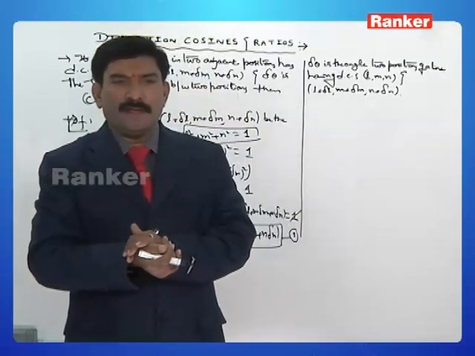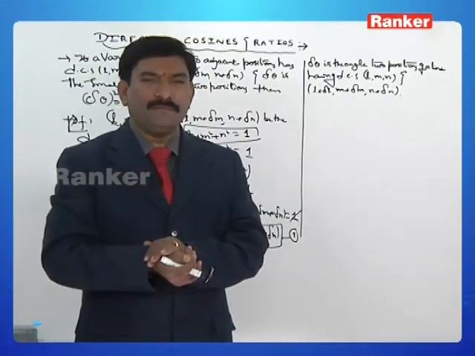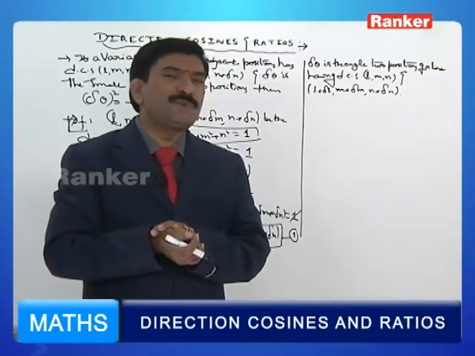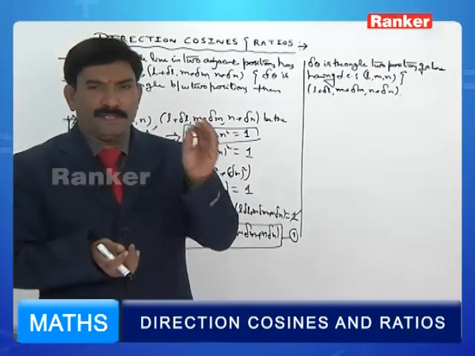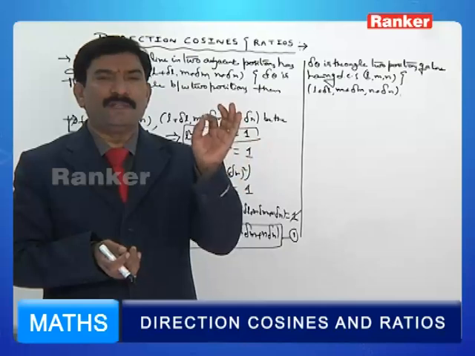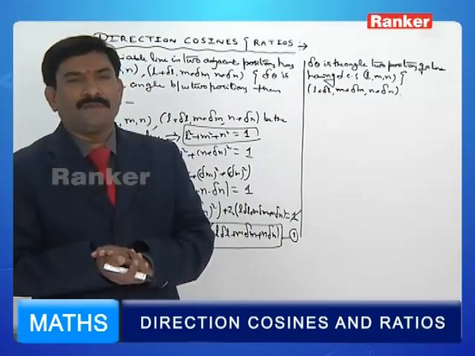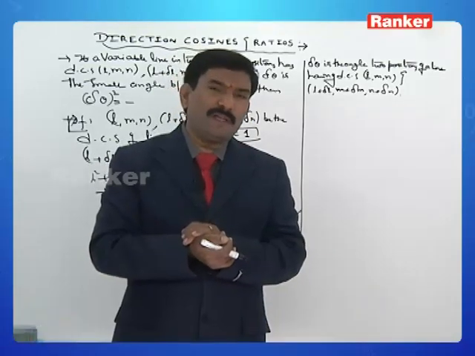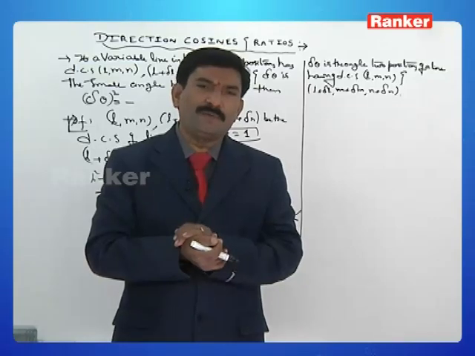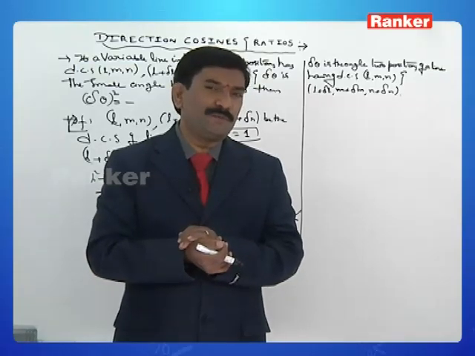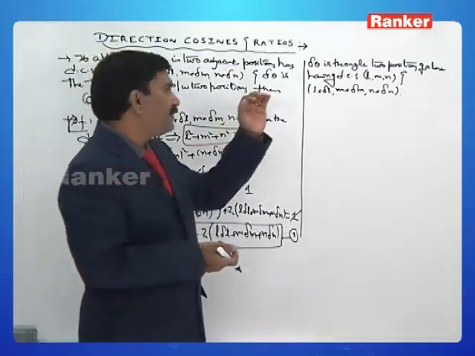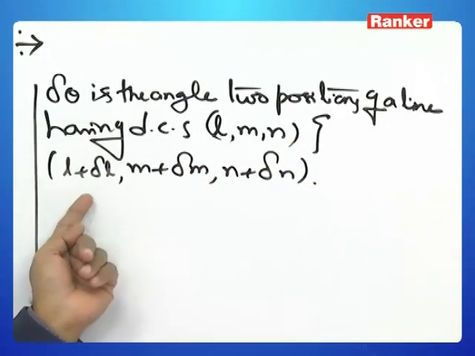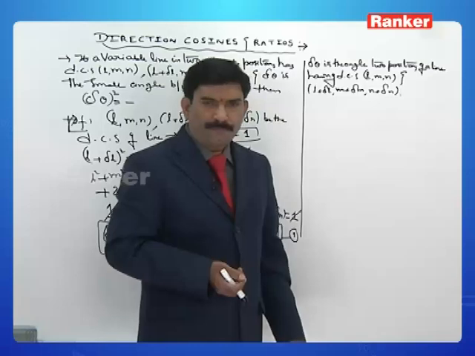If l1, m1, n1 and l2, m2, n2 be the DCS of two lines and θ is the angle between them, then cos θ is equal to l1 l2 + m1 m2 + n1 n2. Here this is taken as l1, m1, n1. This is taken as l2, m2, n2.